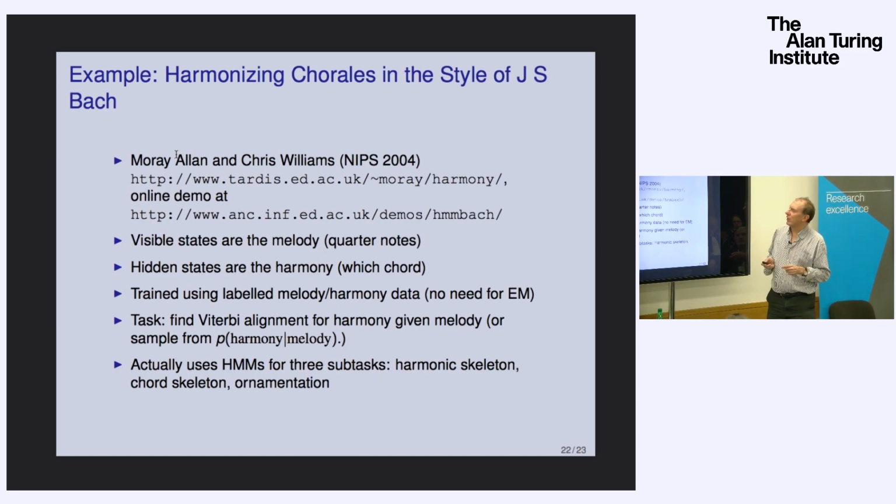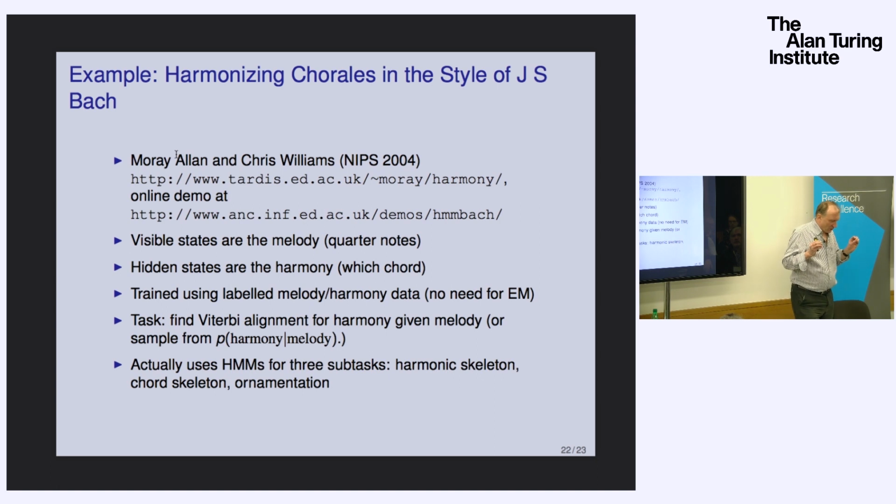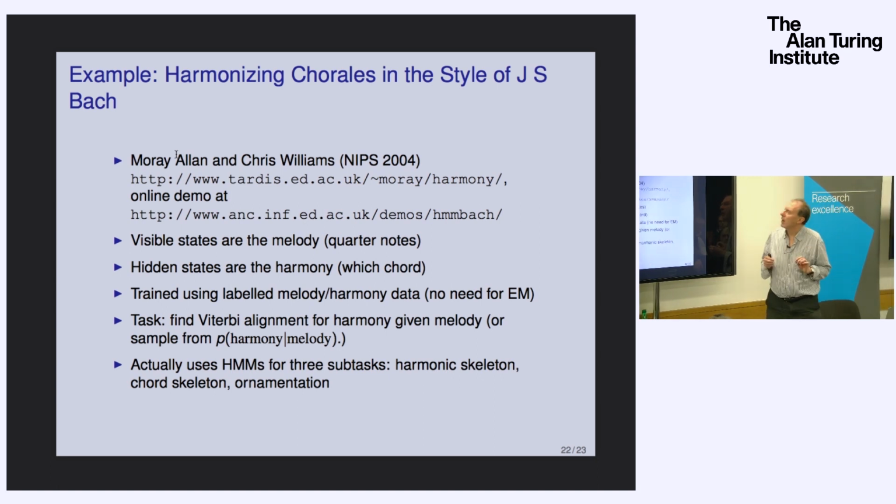One slightly unusual example of this is work I did with my student Murray Allen quite a long time ago. If we're given the melody of a tune, we might want to think about inferring the harmony.